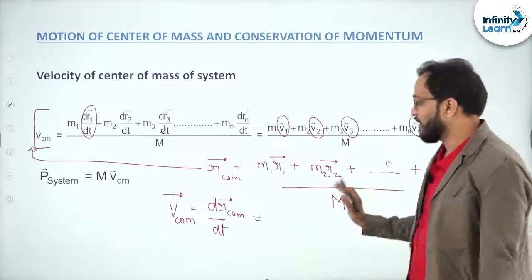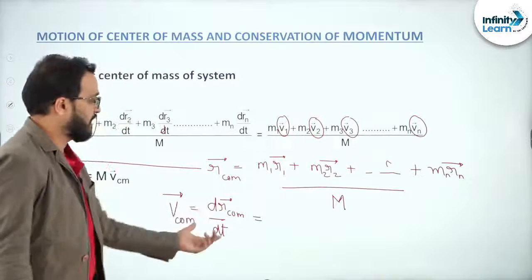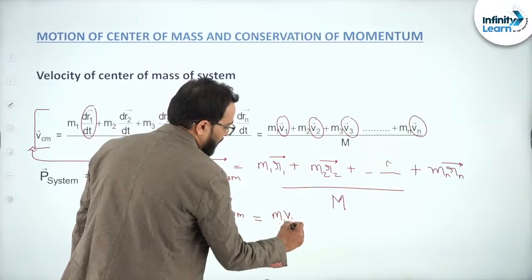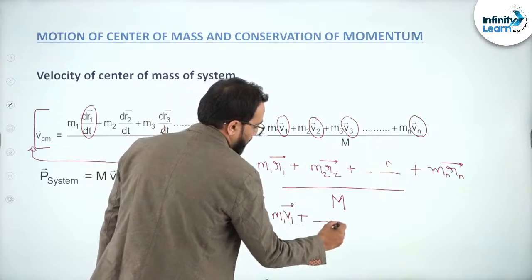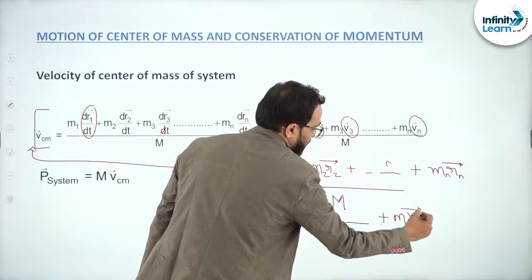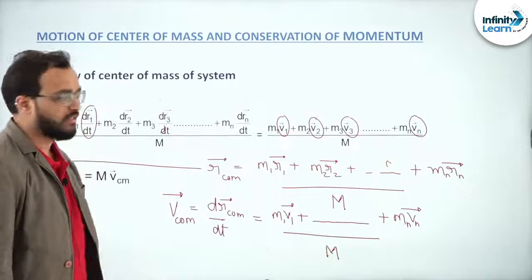Now ultimately what are you getting? When you write the formula of velocity of center of mass, it is m1 times v1 plus up till mn times vn upon total mass M. Do you understand this thing?